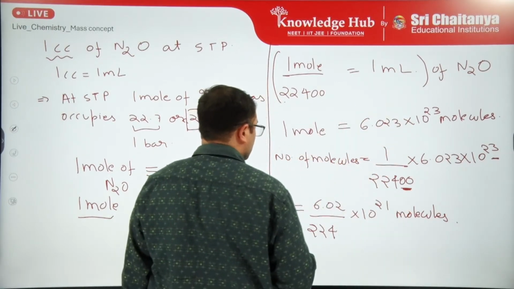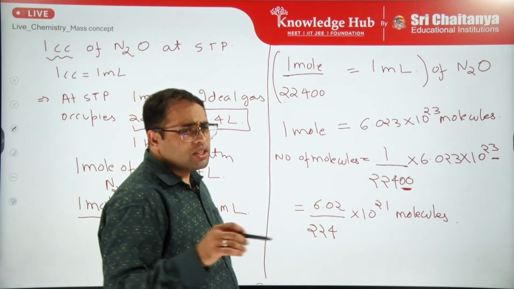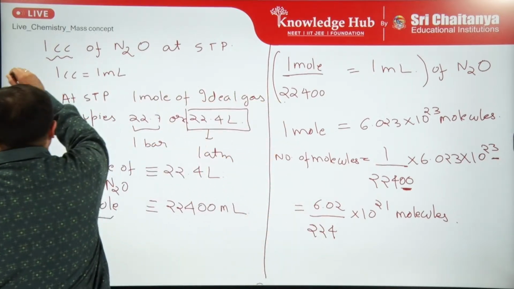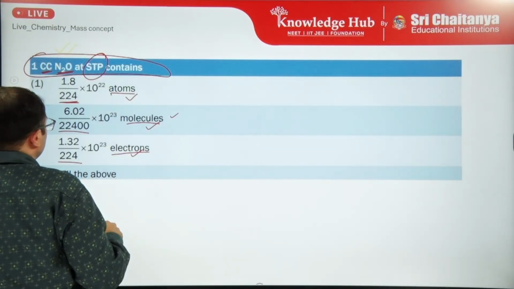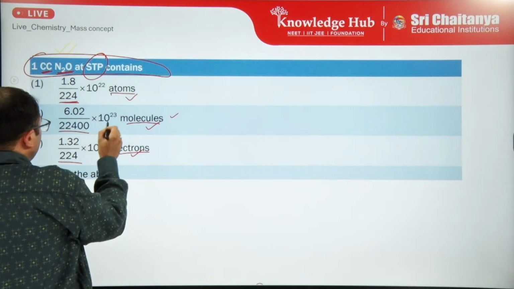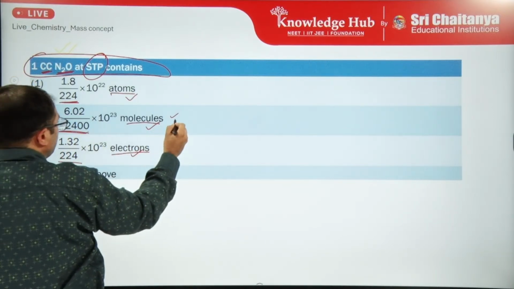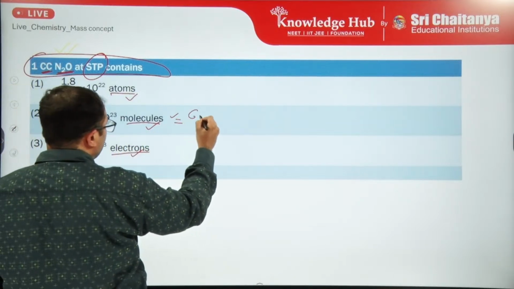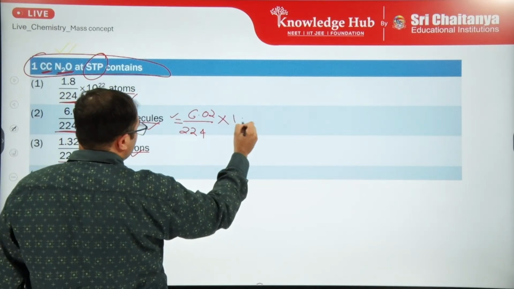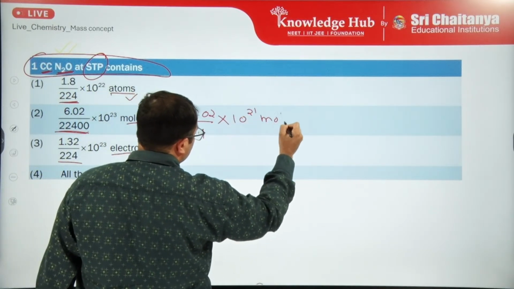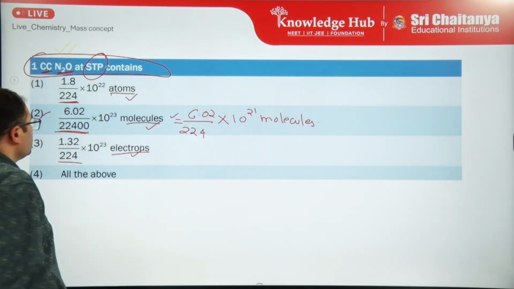Let us check whether we have this number or not. We have 23, okay, this we have around this. So this is same as what we have got, 6.023 by 224 into 10 raised to power 21 molecules. So this option is correct.